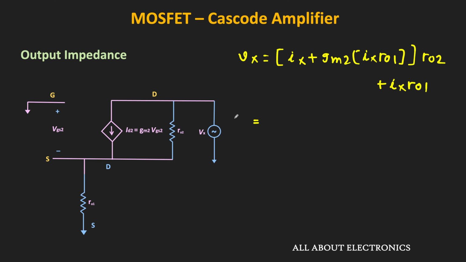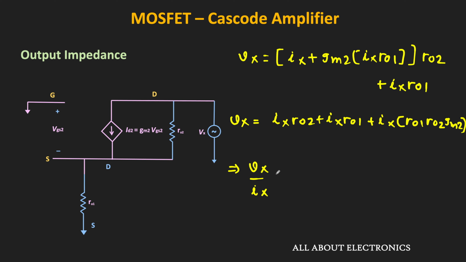Or we can say that Vx is equal to Ix times R02 plus Ix times R01 plus Ix times R01 R02 times Gm2. Or we can say that Vx divided by Ix, or this output impedance, is equal to R01 plus R02 plus Gm2 times R02 times R01.